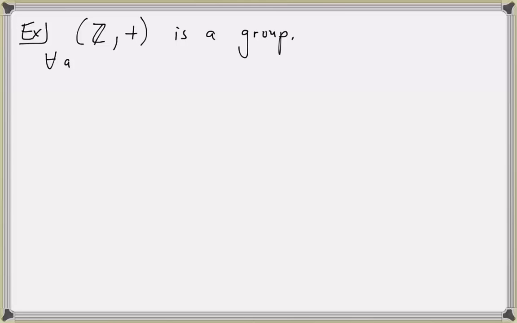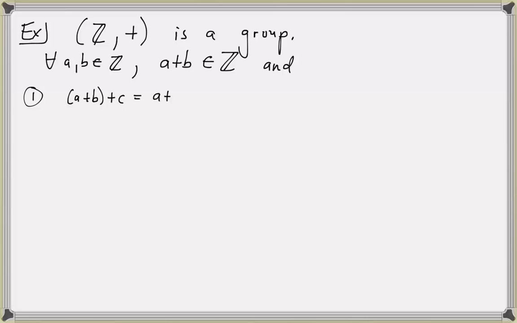It is true that for any integers A and B, A plus B is an integer. So the integers are closed under addition. And we need to verify the three conditions of a group. First, associativity is true. We know that A plus B plus C will equal A plus the quantity B plus C for any integers A, B, and C.